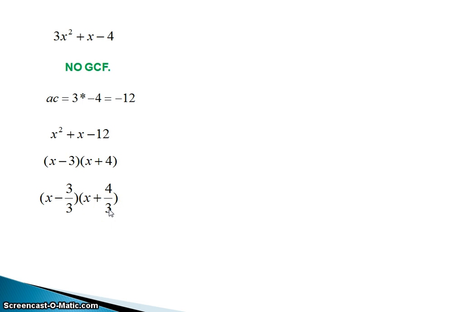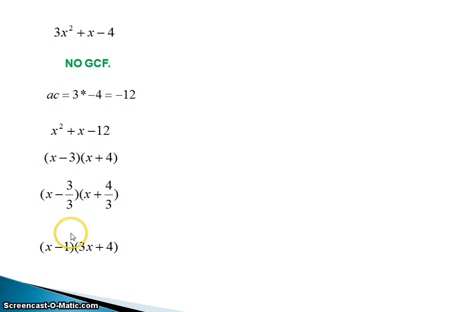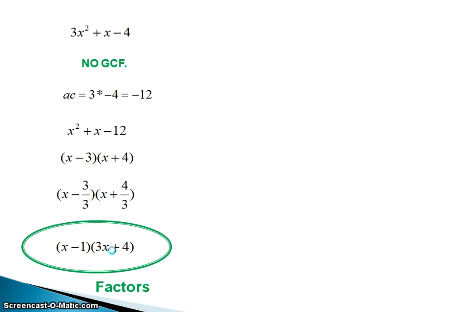That is already in its most simplified state, and so I need to take the denominator and kick it in front of the variable inside this set of parentheses. And I do that here, and I end up with factors x minus 1 times 3x plus 4.